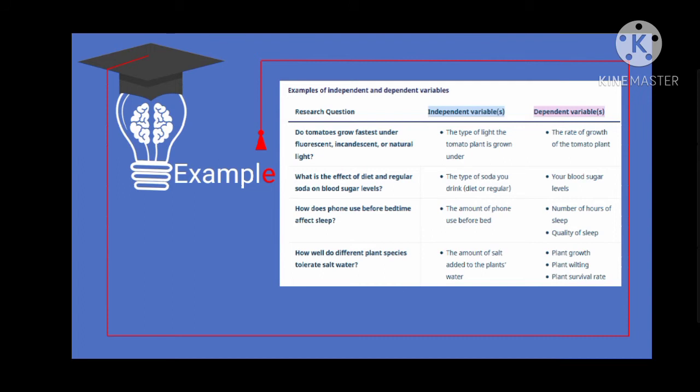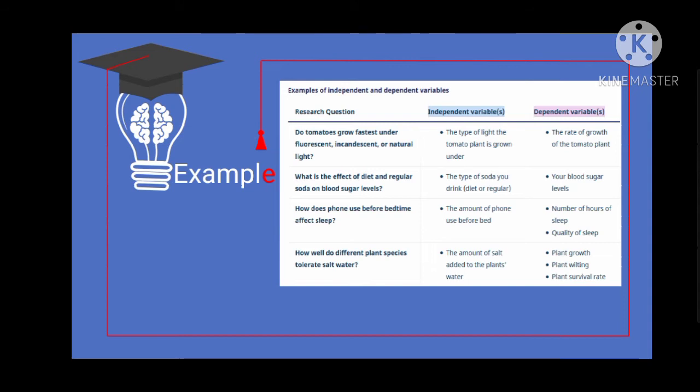So the tomato plant is grown under some types of light, and the rate of growth of the tomato plant is going to be measured. For example, the height of the tomato plant is going to be higher when the light is better.